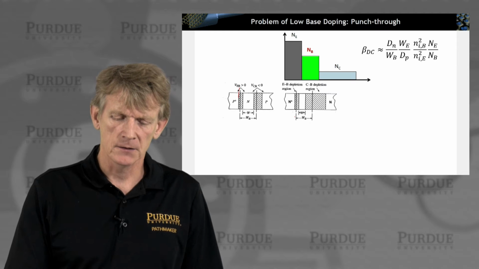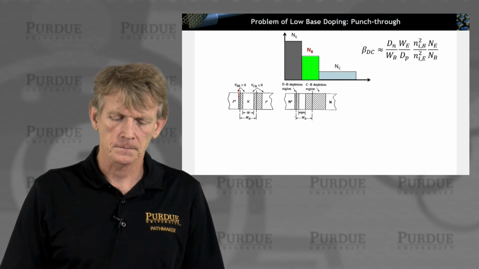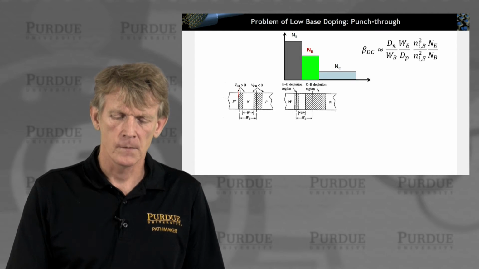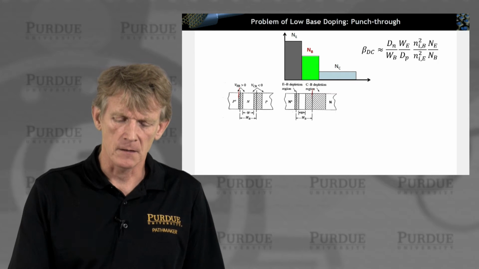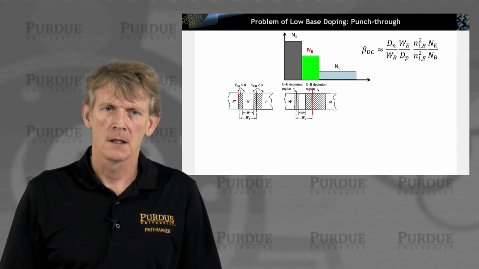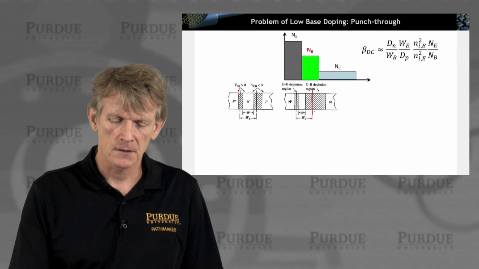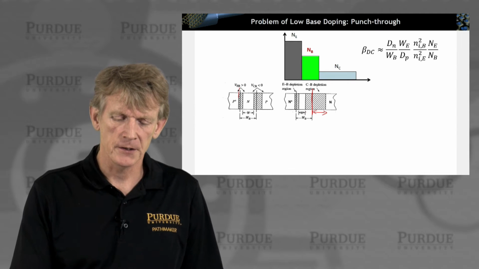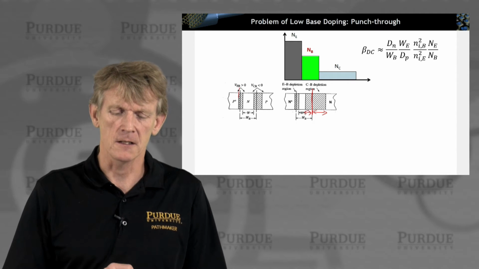So here, let's assume that this is the junction of the base to the collector, and I'm applying a larger reverse bias. That means I'm increasing this depletion region here and this depletion region here.